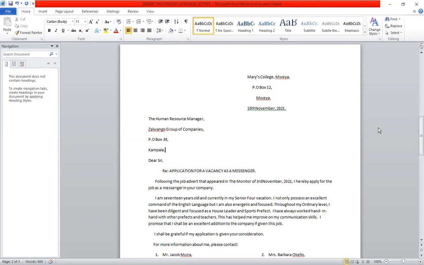And I request you to write the reference always in capital letters, because there are some rules we follow. We have to have the nouns having capital letters. The letters of the nouns in your reference should be capital, in case you want to write it in small. So A for application will be capital, V for vacancy will be capital, and M for messenger will also be capital, and the rest will be small.